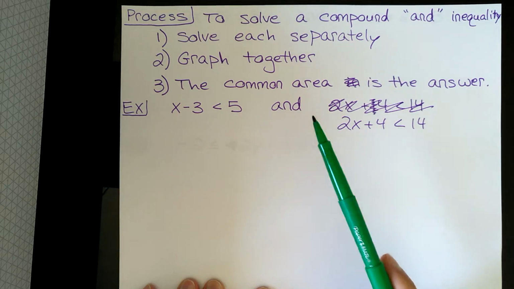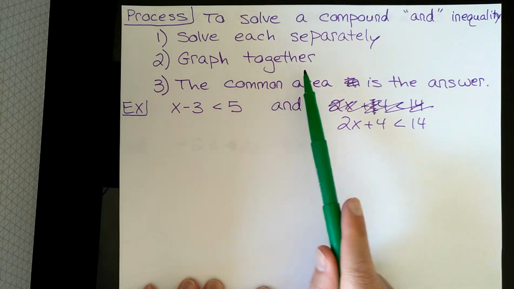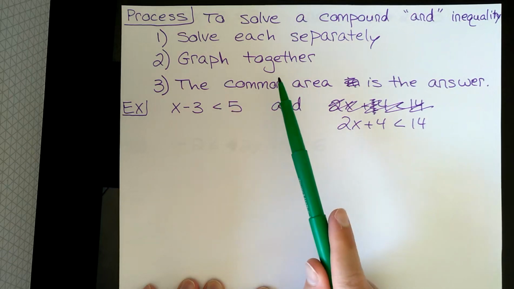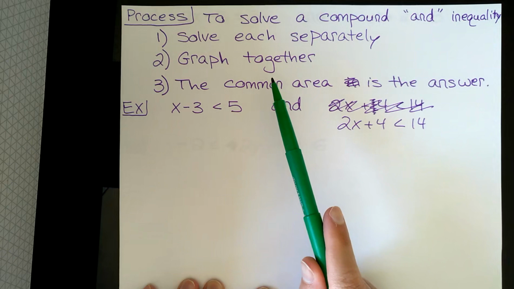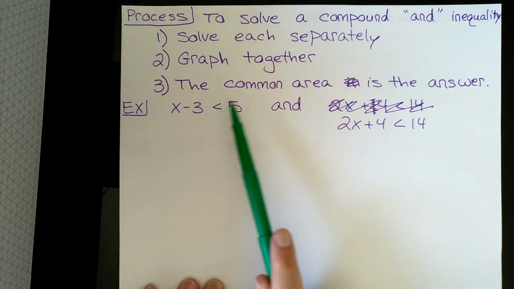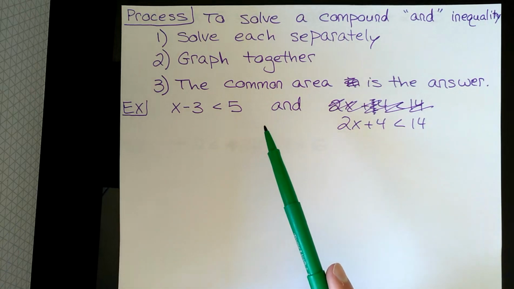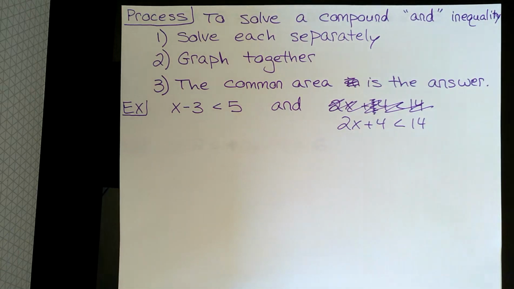And once we solve each of them separately, we are going to graph them in one number line. We will graph them together. And with a compound "and" inequality, whatever commonly shaded area you have, that represents the answer to the entire problem.